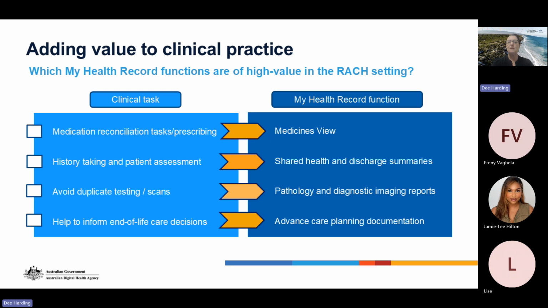My Health Record is not designed to replace other sources of information available to you, but rather to enhance visibility of the information available to you. So join us now for a short video around the challenges associated with obtaining information during an admission.